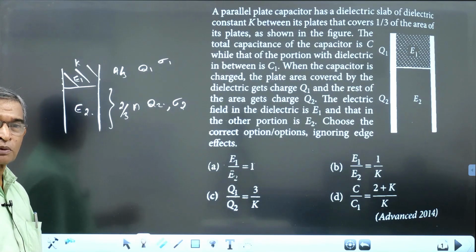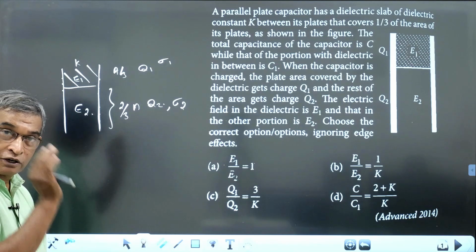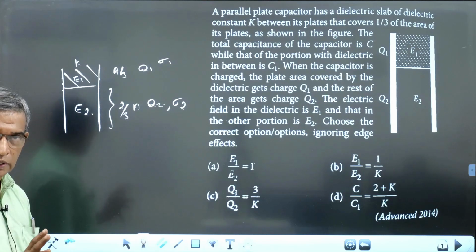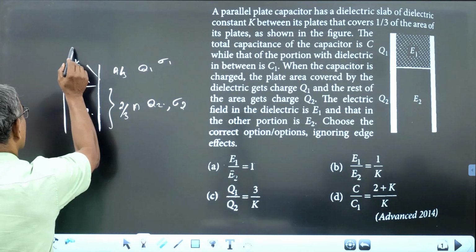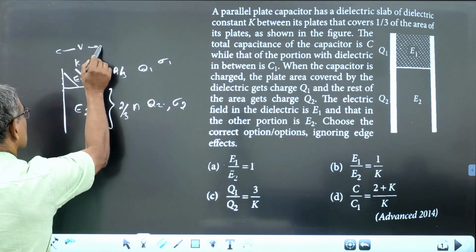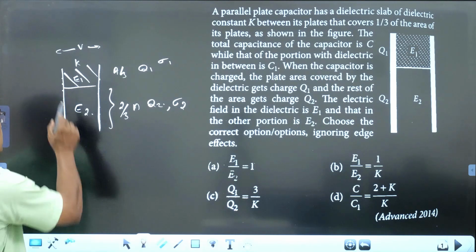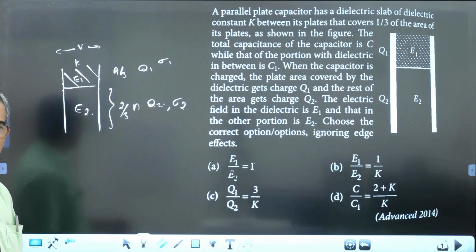What about the potential difference between these two plates? Whatever material is filled there, we are not bothered; the potential difference between the two plates must remain the same. So the PD between the plates is V, and here or here or here it remains the same.